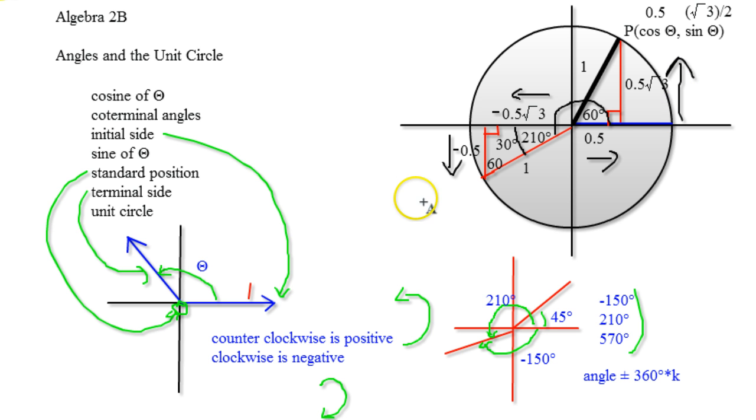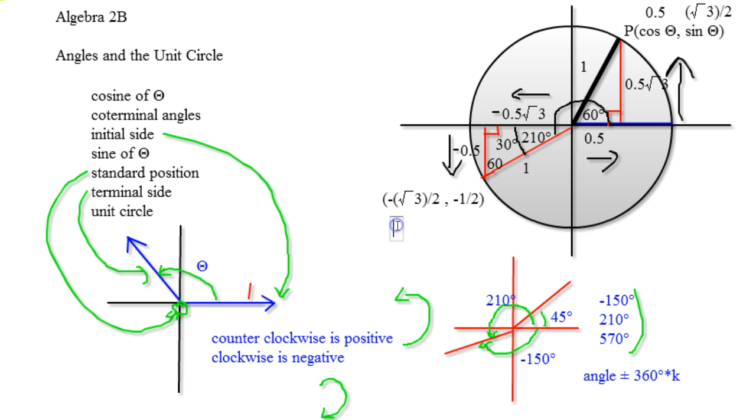The point would be negative the square root of 3 divided by 2, comma, negative 0.5. Or you could say 1/2 if you'd like. Usually they like to use 1/2 here.